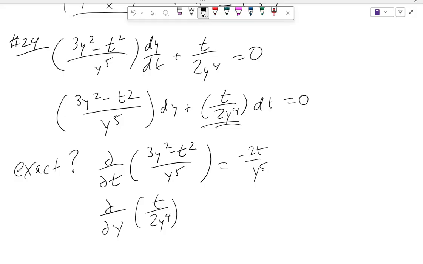Okay. On the bottom, what's your derivative? You go the other way, right? Yeah. I write that as y to the minus 4.